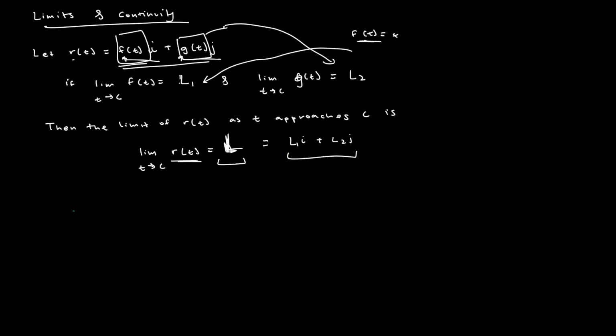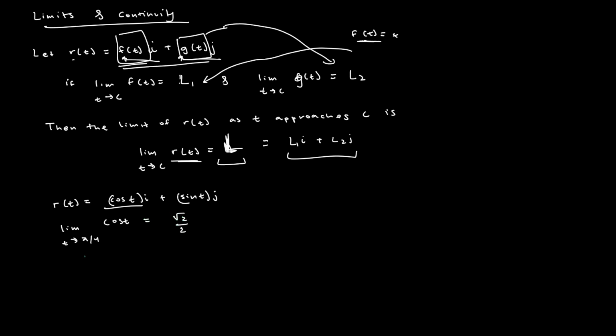And to make this more concrete, let's say we have a function r(t) equal to cosine t i plus sine t j, and we want to find the limit as t tends towards pi over 4. In this case we just find the limit of cosine t as t tends towards pi over 4, which is just equal to root 2 over 2.